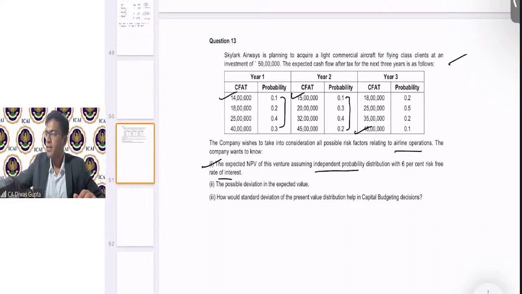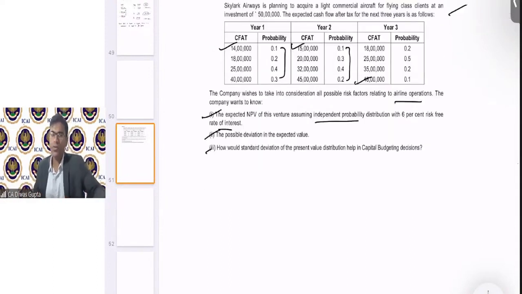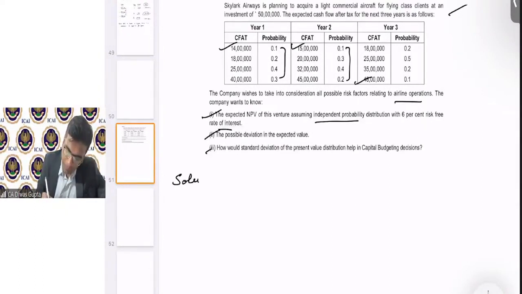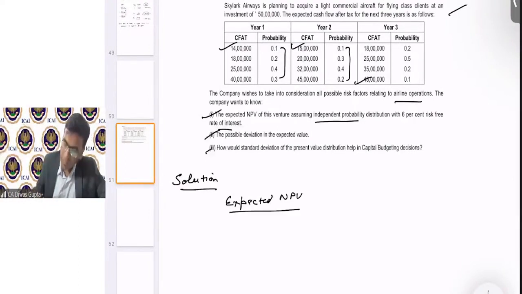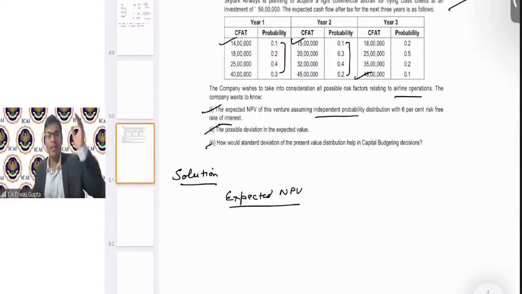So students, let's start with the solution. There are two more things that we will study and then accordingly answer. First of all, let us calculate the expected NPV. For calculating expected NPV, we first need to put year-wise the expected cash flow. We are doing this calculation in rupees and lakhs.